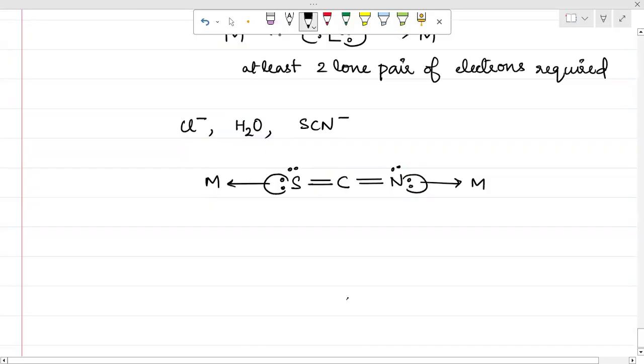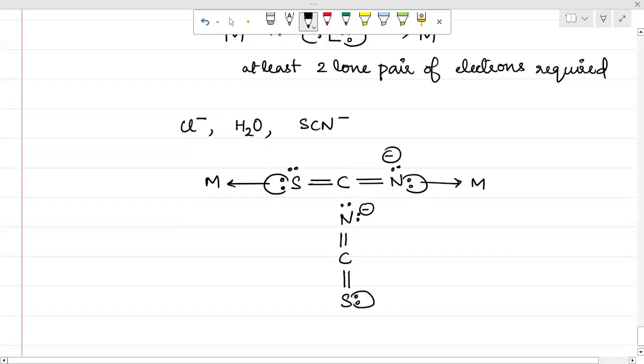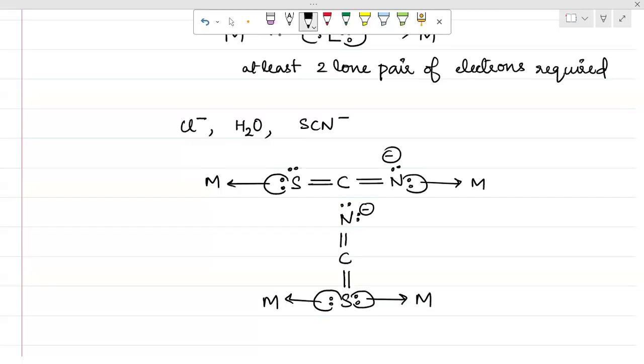Or this lone pair of electrons from the same sulfur can go to the metal. Okay. Both of these are possible. Just understand that at least 2 lone pairs should be there to bridge 2 metals.